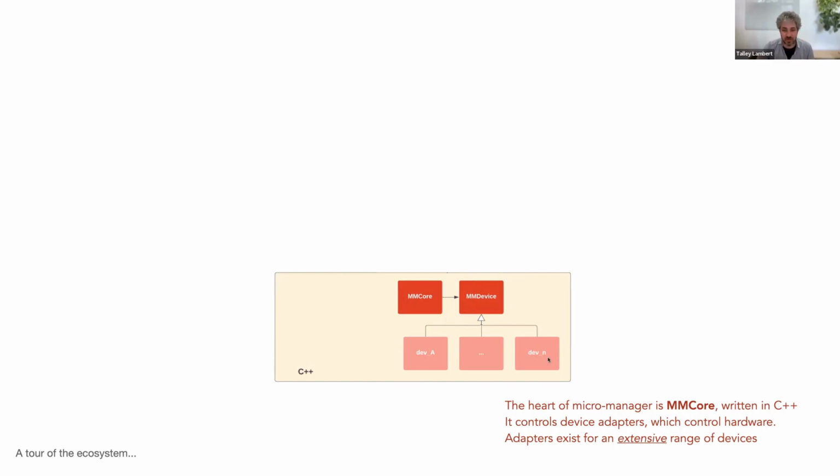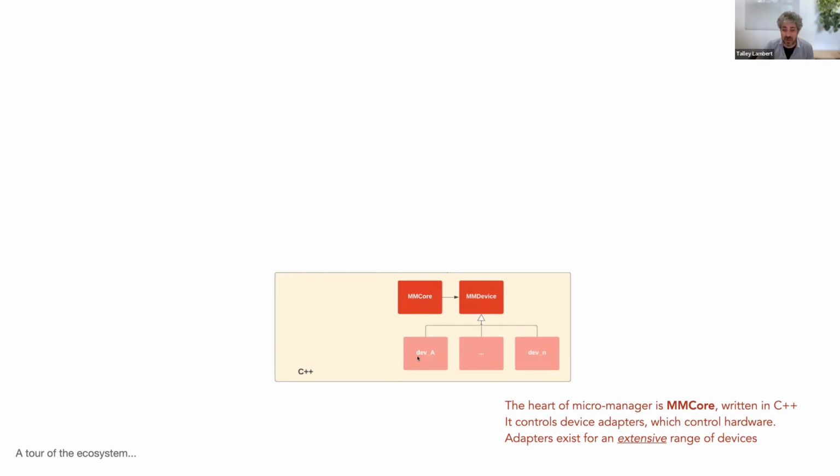So down here, I'll be building up a chart of how things interact, but MM Core is the heart of Micromanager. It's written in C++, and it controls your devices via device adapters. So basically, MM Core defines a C interface that anybody can implement a device adapter for.